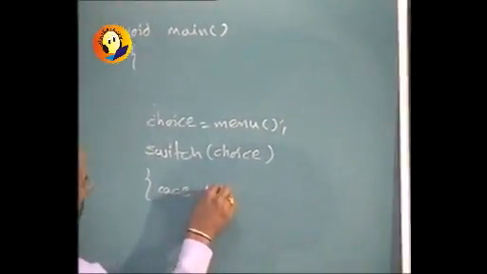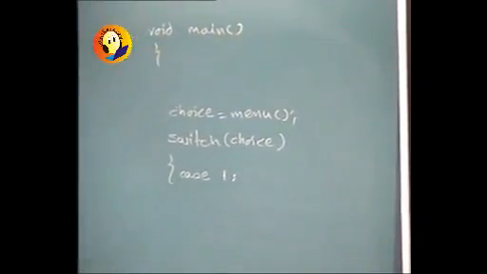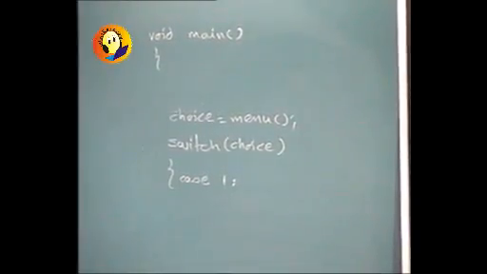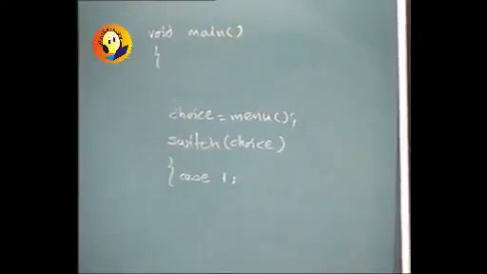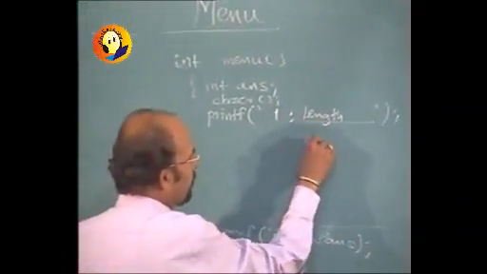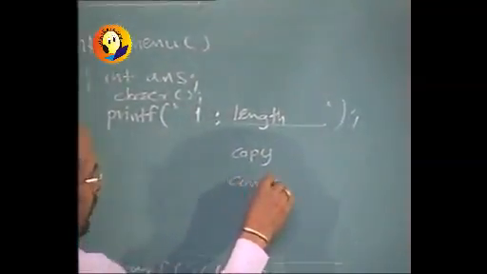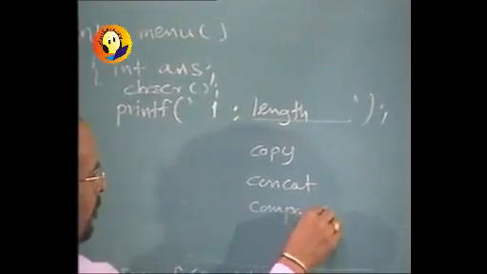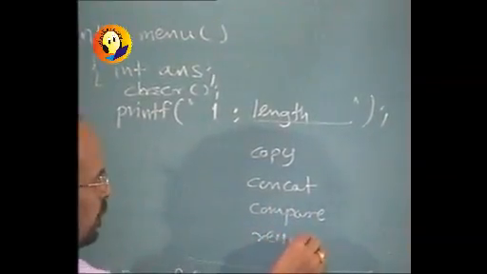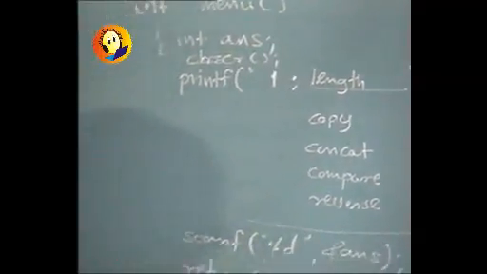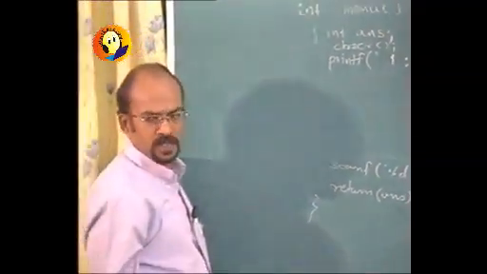Case 1. Now suppose it is for the string functions. Now how one should write it? Like the first one is length, second one is copy, third one is concat, fourth one is compare, then reverse. Suppose these are the choices. So what will you write in case 1?